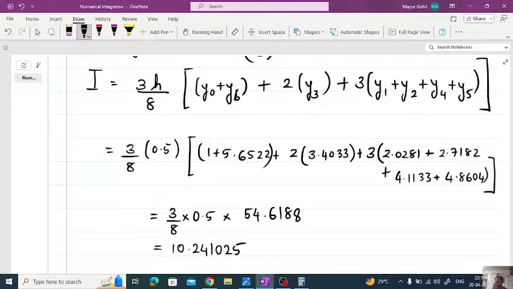Check your calculations. My calculations came up to this. Okay, fine, no problem. You just check the calculations. A little bit of error could be there, but this is the answer I got.